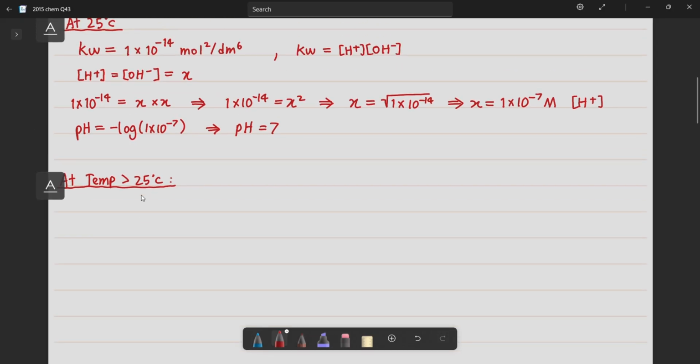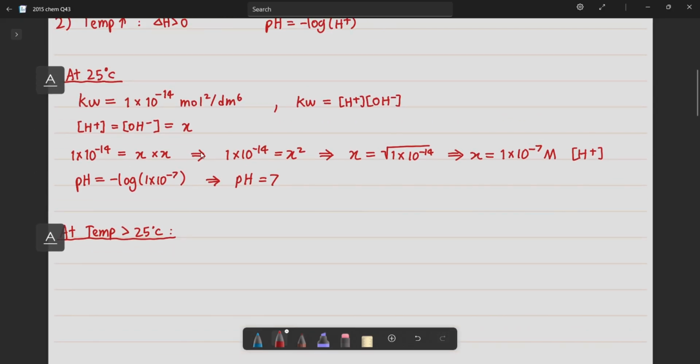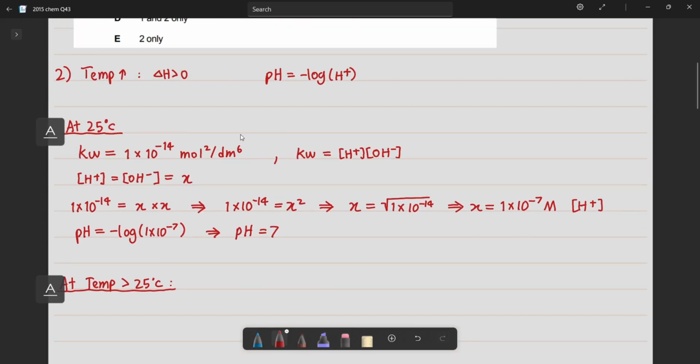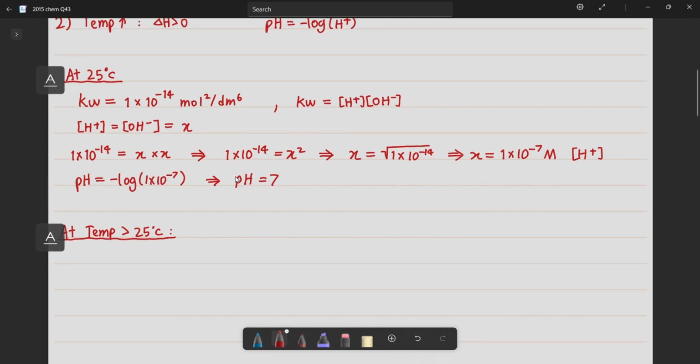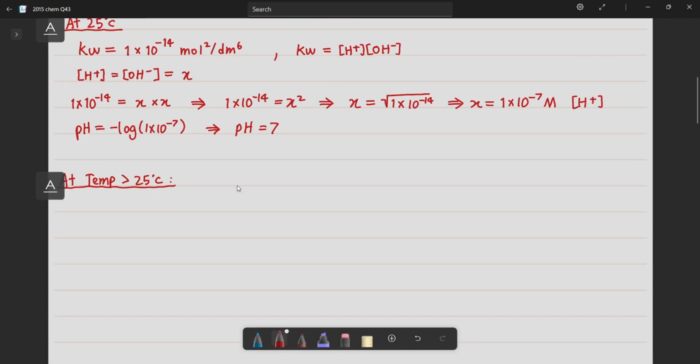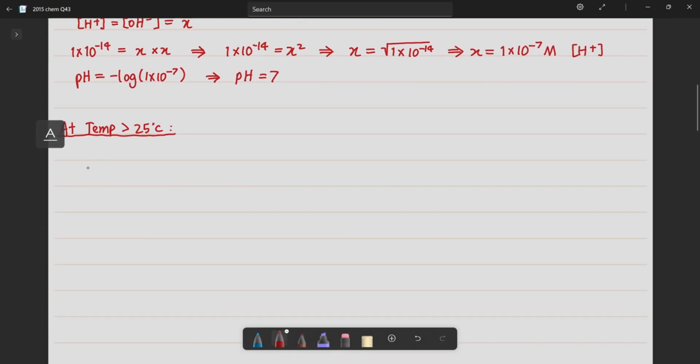Now the most important and critical detail is that as temperature increases, the Kw is going to also increase, because Kw is an equilibrium constant. The general rule for almost every equilibrium constant is that they are dependent on the temperature.